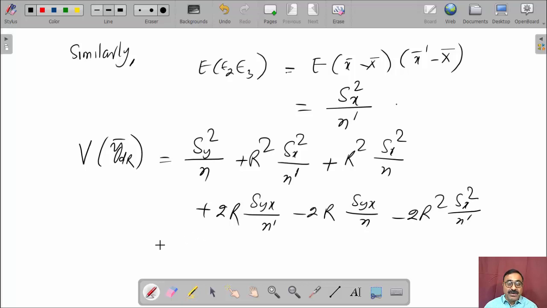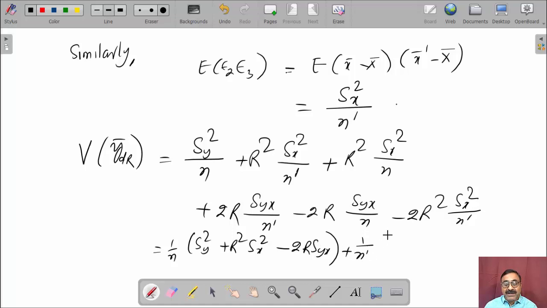Now this is equal to 1 by n (Sy square plus r square Sx square minus 2r Syx) plus 1 by n dash (2r Syx minus r square Sx square).